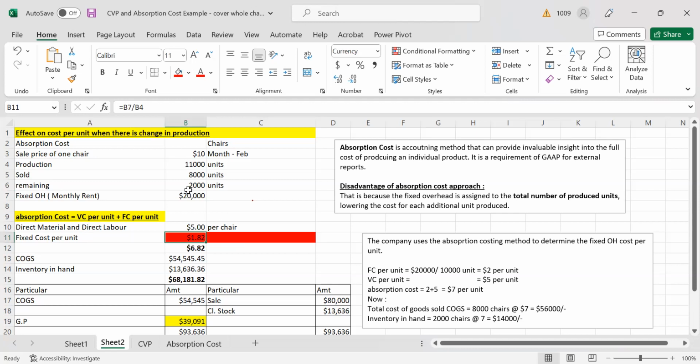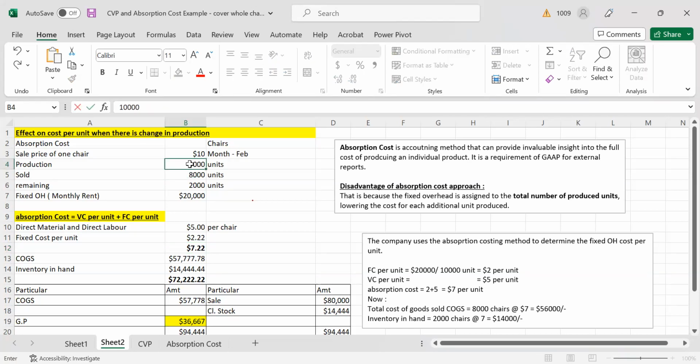If in case the production is less, for example 9,000 production, then what happens? If the production has gone down, the fixed cost per unit has increased. So this is one of the limitations, right? I'm just putting this back to 10,000 units.